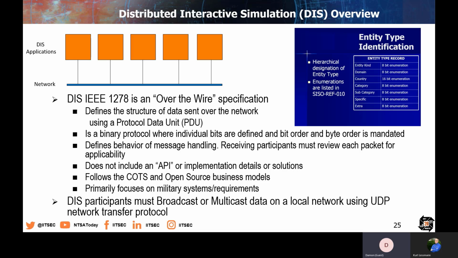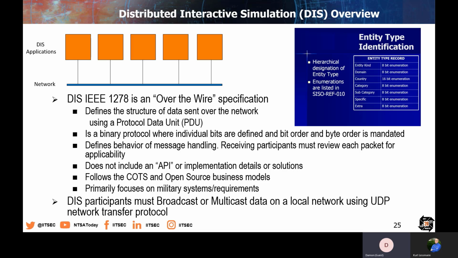So if we look in a little more detail, we look here in the upper right at the entity type identification example within DIS, you'll see this is a hierarchical designation of entity type, and these enumerations, as they're called, are listed in the SISO reference standard document. So here we'll see that 8 bits have been set aside to provide a numeric value to indicate the entity kind, such as a platform or a human or something. Then there's 8 bits set aside to indicate the domain, and then the country.